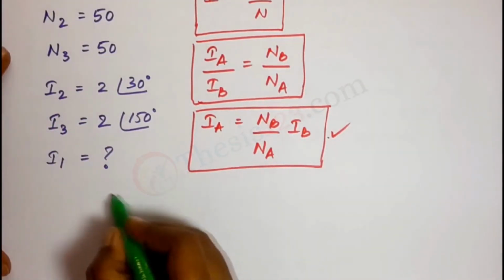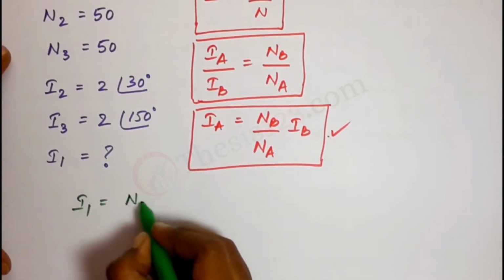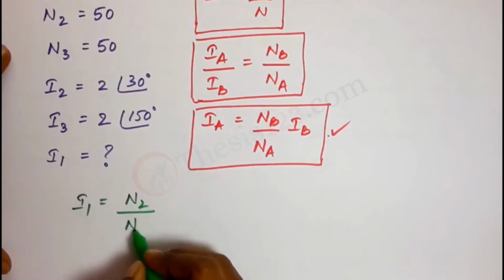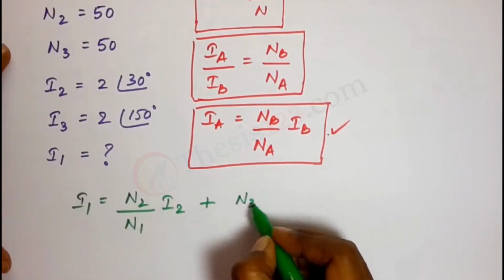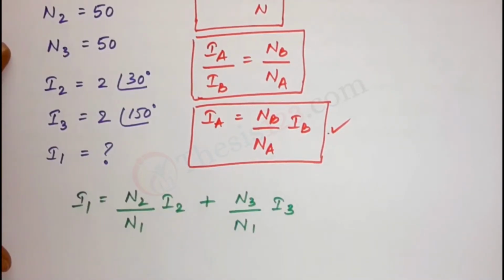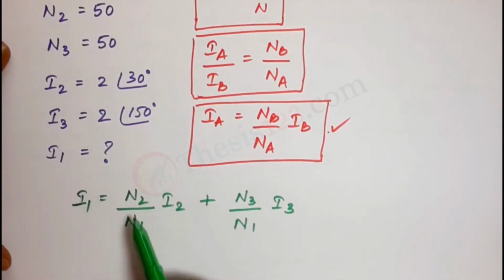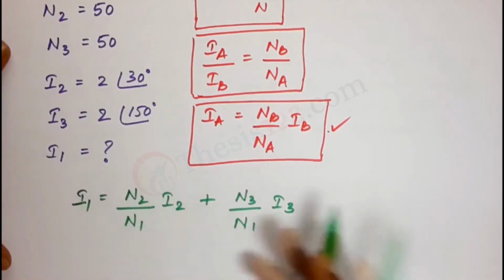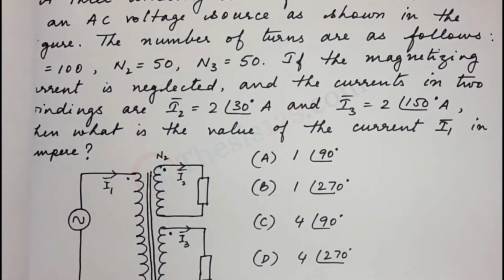Okay, so please note, I1 can be written as first N2 by N1 into I2 plus N3 by N1 into I3. I hope this makes sense. N2 by N1, that is the ratio for the current I2.